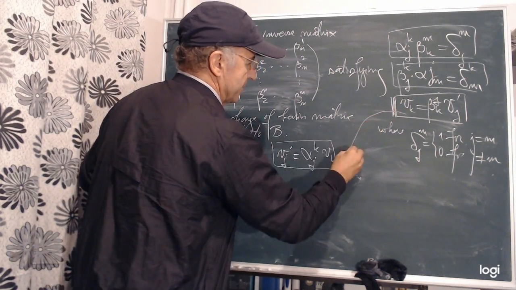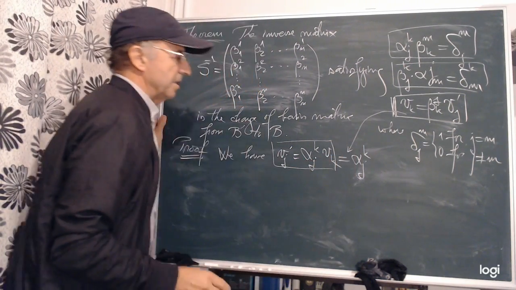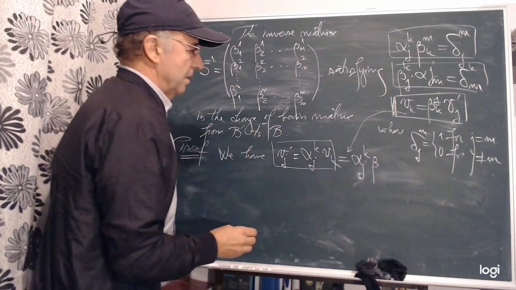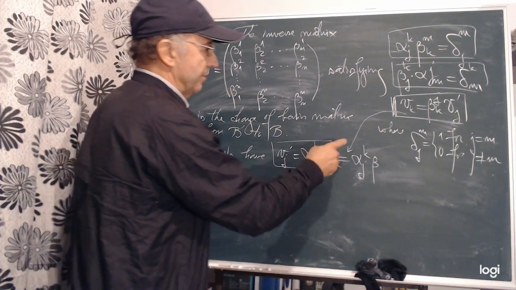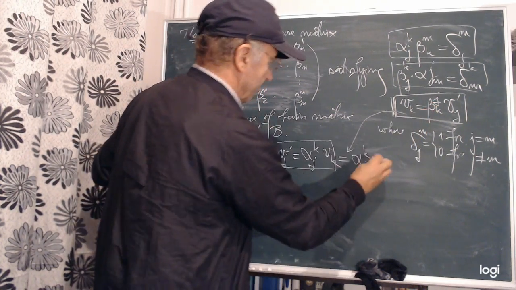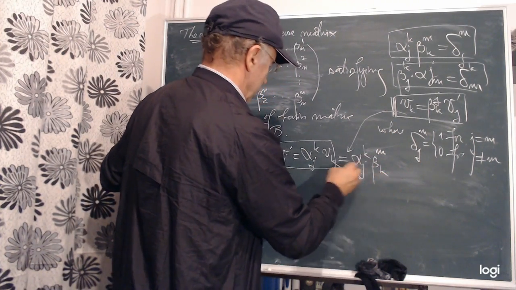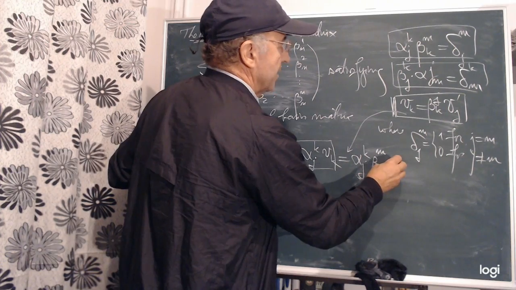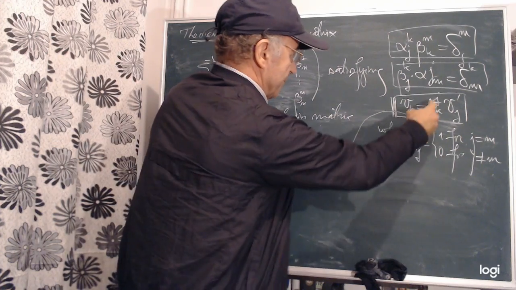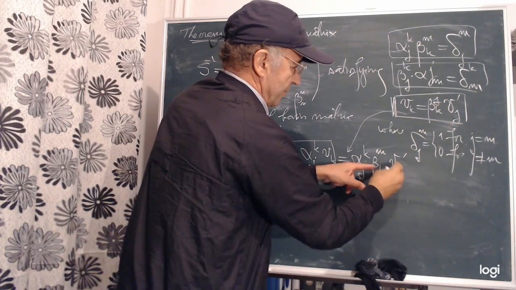We insert this, and we get alpha jk. Instead of vk, we put beta km, where j is fixed here, times v prime m. We use this instead of vk, but instead of j we use m.